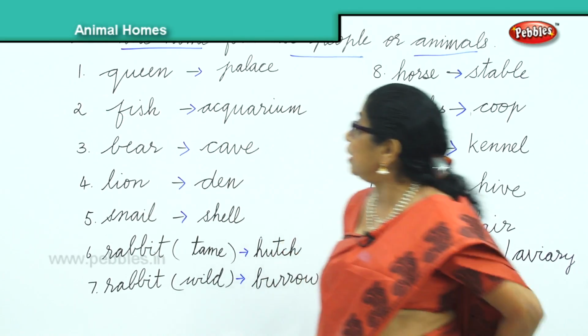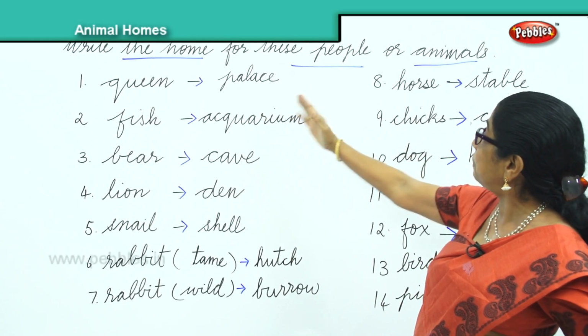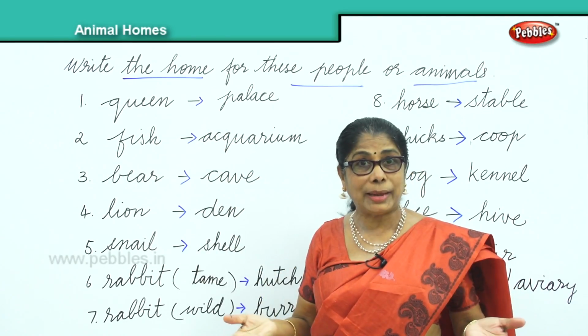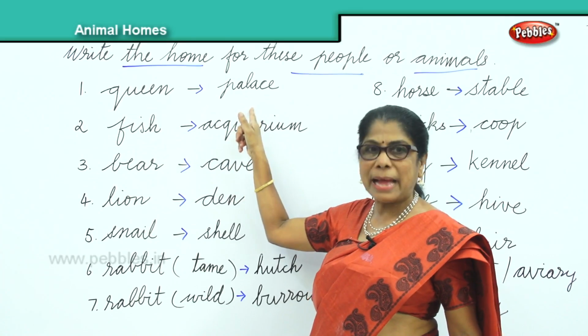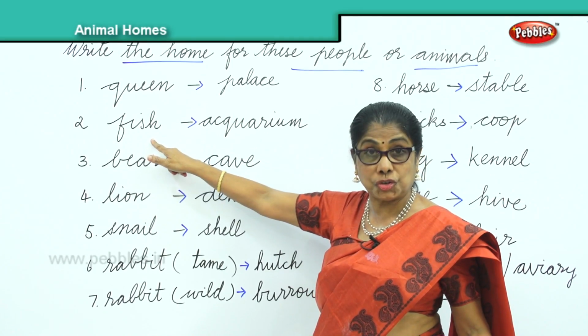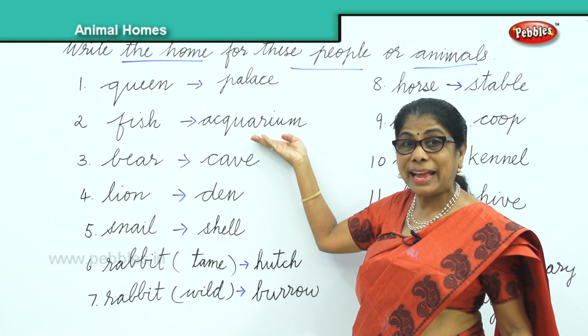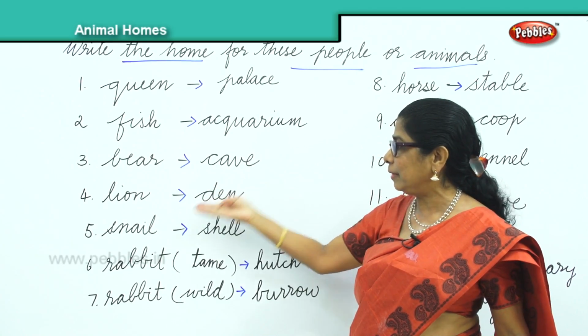Now we have here, write the home for these people or animals. Let's read it together. Queen, she lives in a palace. Fish, they put into an aquarium. Bear, she lives in a cave.